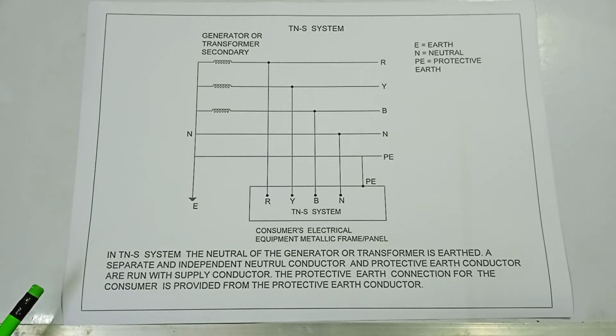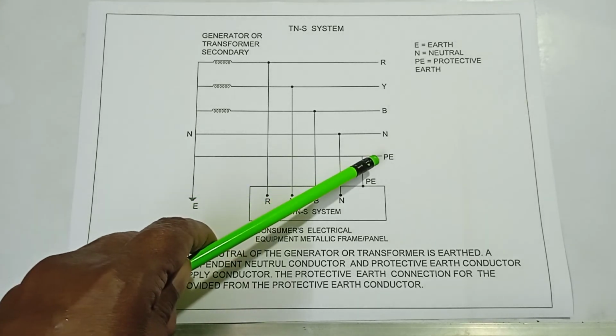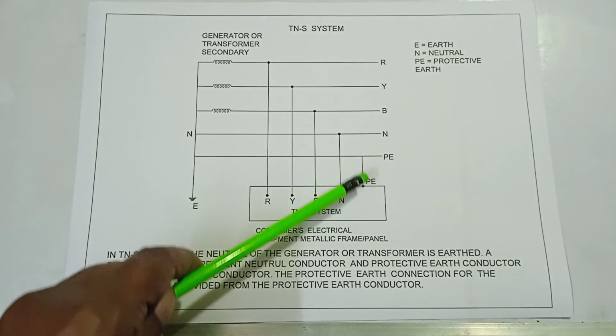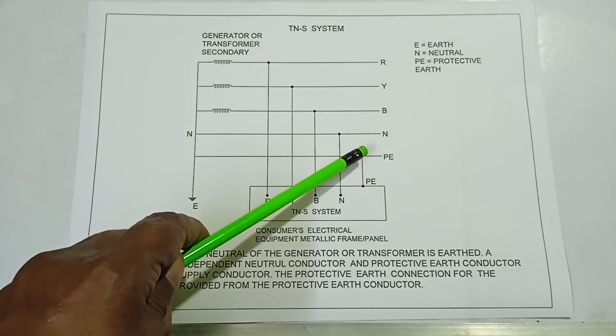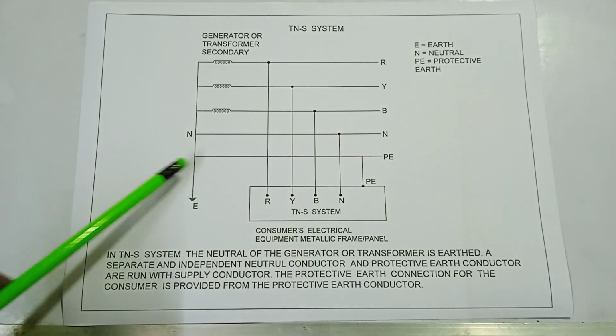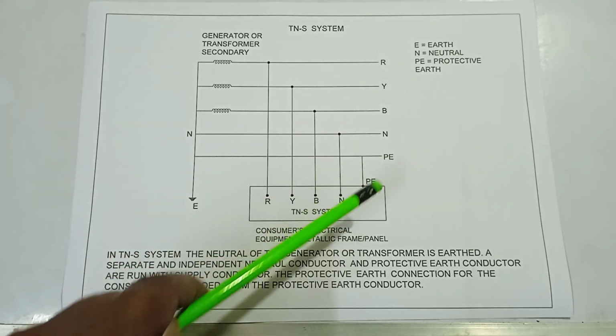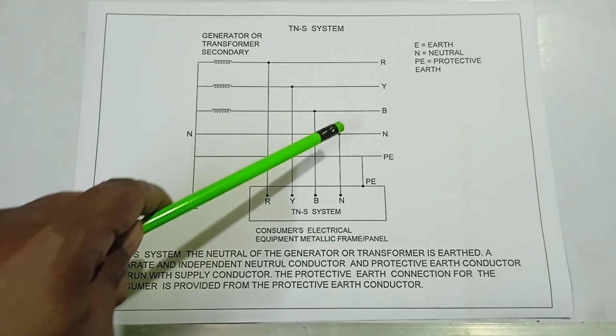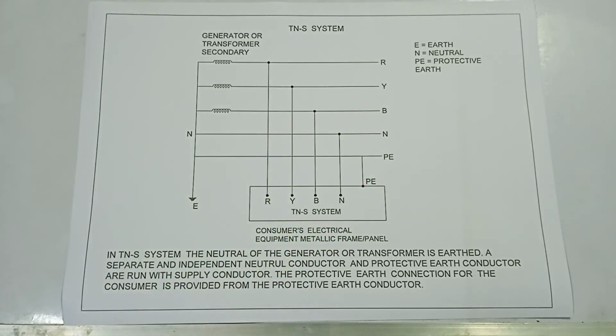The protective earth conductor for the consumer is provided from the protective earth conductor. This is the protective earth conductor, and this is the neutral. This is the TNS system.